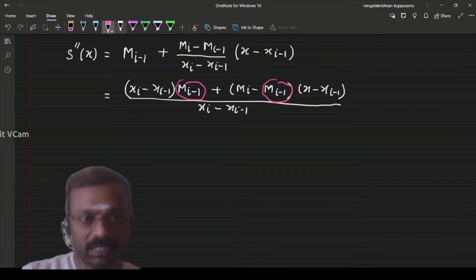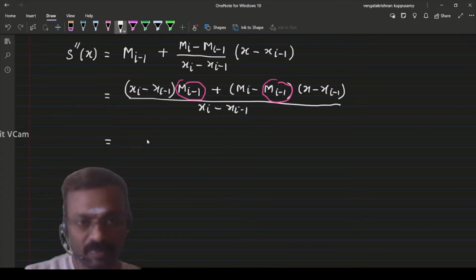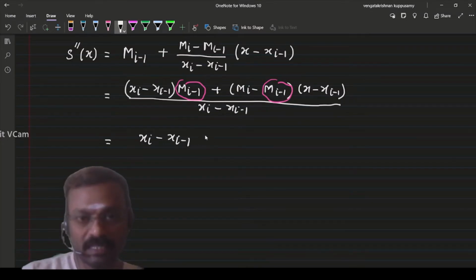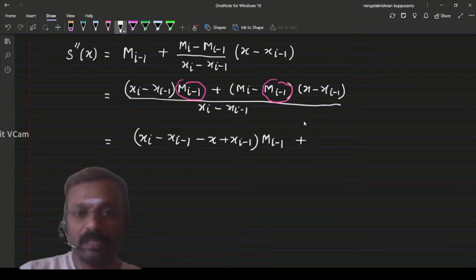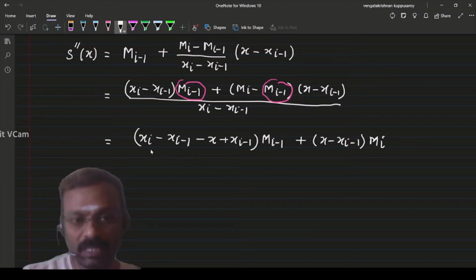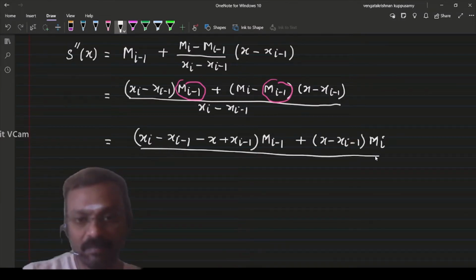On collecting the mi minus 1 terms, we have xi minus xi minus 1 minus x plus xi minus 1, into mi minus 1, plus the mi terms, x minus xi minus 1 into mi, divided by xi minus xi minus 1.